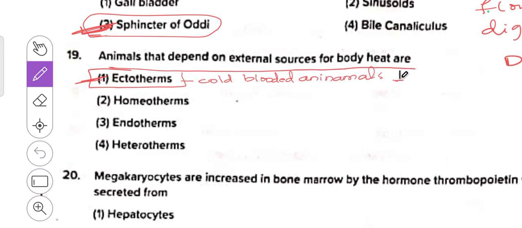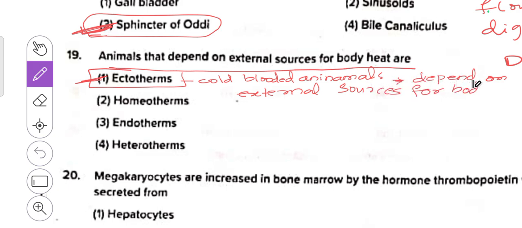These cold blooded animals depend on external sources for body heat. It means they cannot regulate their body temperature, so these animals are dependent on the external source.